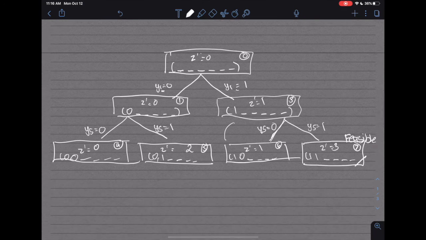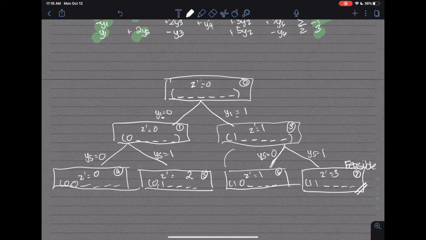Therefore, we fathom, meaning we've already found a feasible solution, and that is our current value for optimal solution. So currently, we have a candidate optimal solution since we have already fathomed z prime.